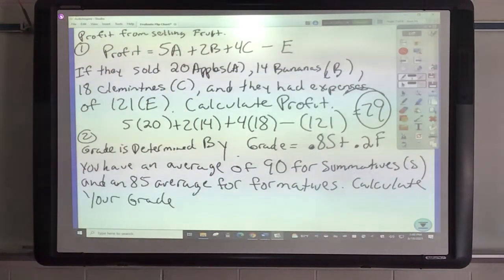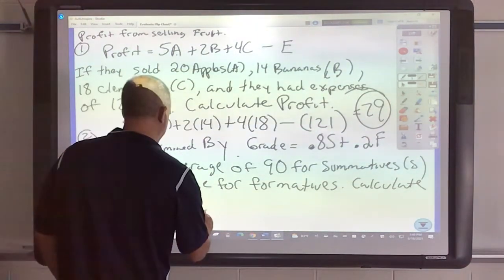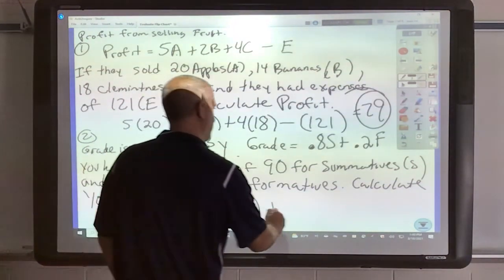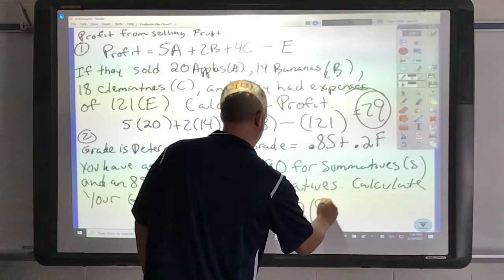It says grades are determined by grade equals 0.8s plus 0.2f. If you have an average of 90 for summatives, which is the S, and an 85 average for formatives, calculate your grade. Very simply, I do 0.8, I put 90 in there, plus 0.2, put 85 in there.